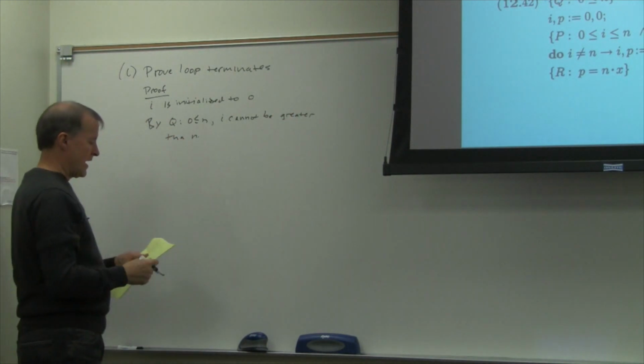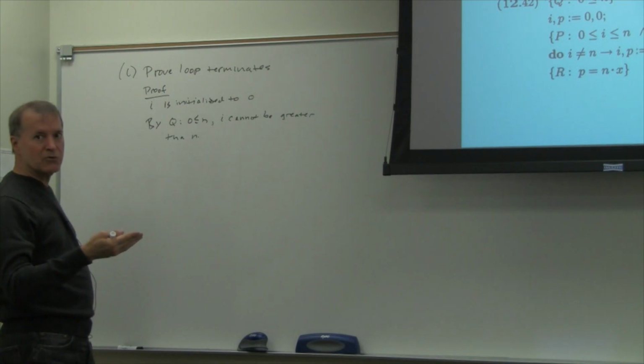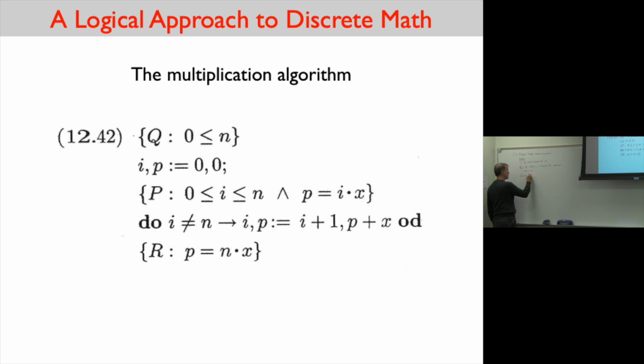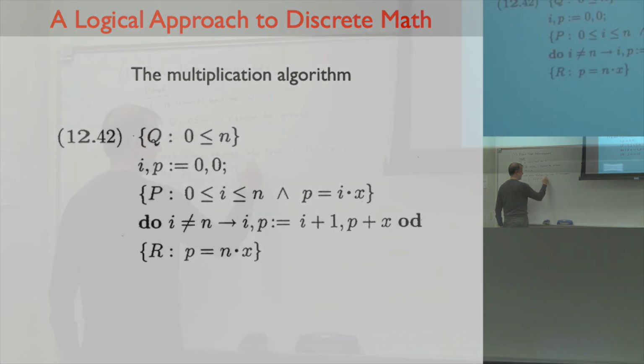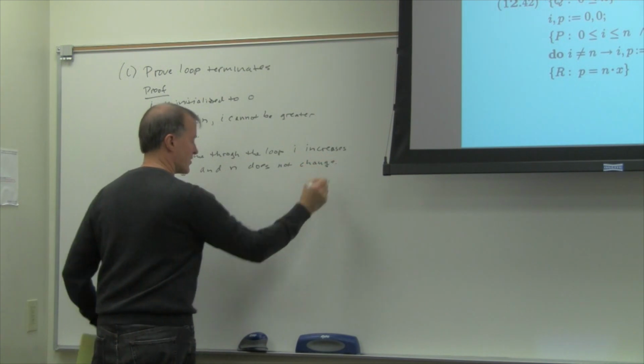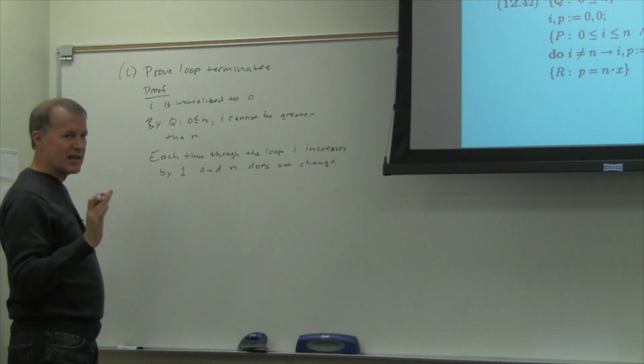Right? Now, what happens each time you go through the loop? What happens to i? Yes. Each time through the loop, i increases by 1. Are you with me? And what about n? Does n change at all? There's no assignment to n, and n does not change. Okay? So therefore, what must i eventually equal?